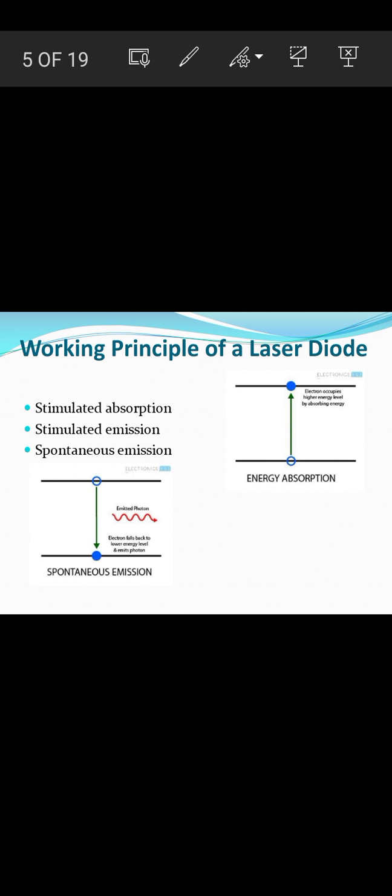Quantum theory suggests that atoms exist only in discrete energy states, with absorption and emission between them. Light causes a transition from one discrete energy state to another.